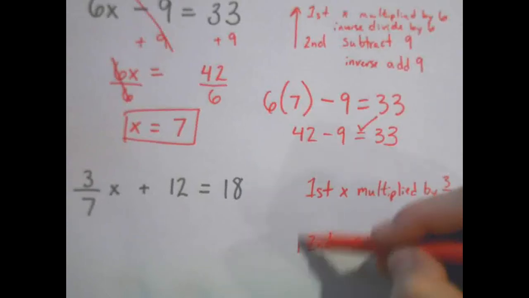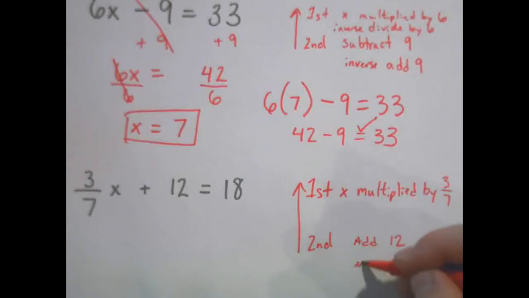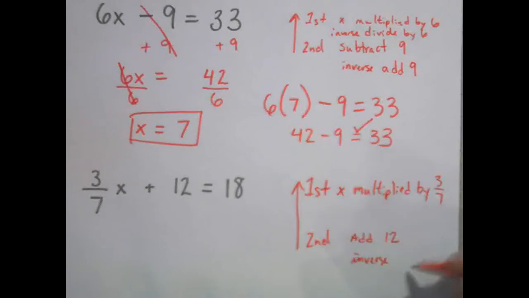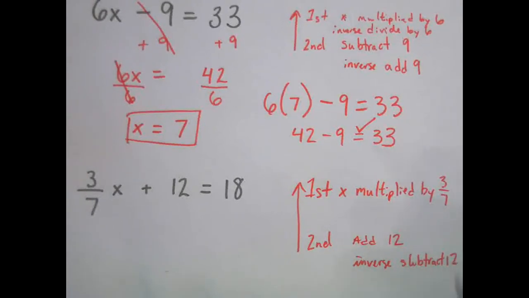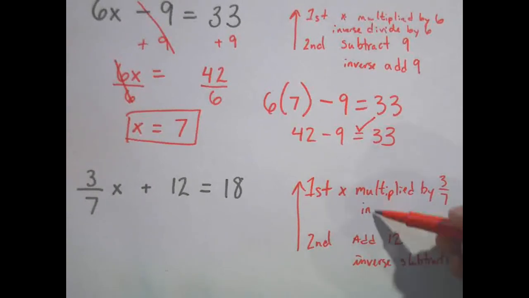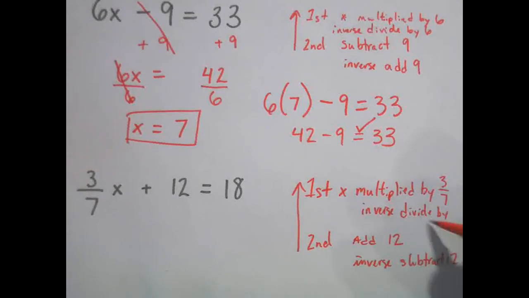So when I work my way up, I work my way up with inverse operations. I'm undoing this addition with the inverse, which is subtract 12. Okay, and the inverse of multiplying by 3/7 is to divide by 3/7.